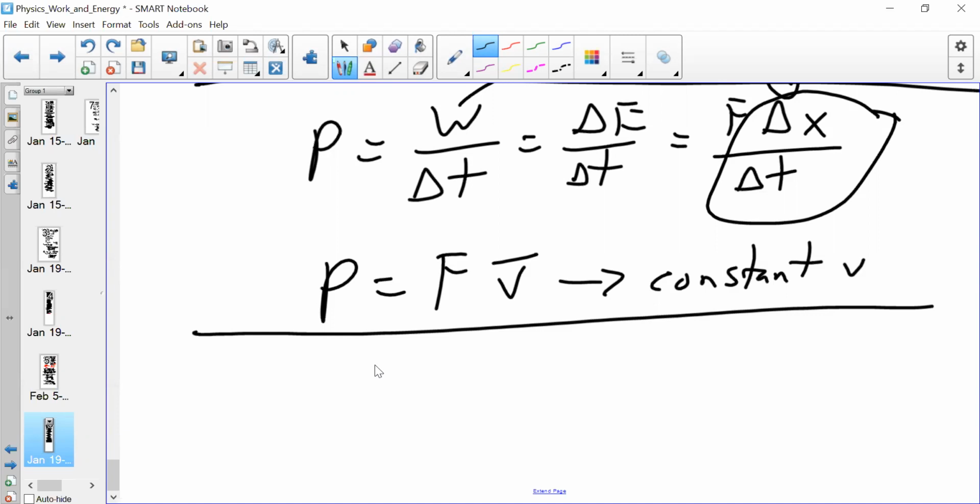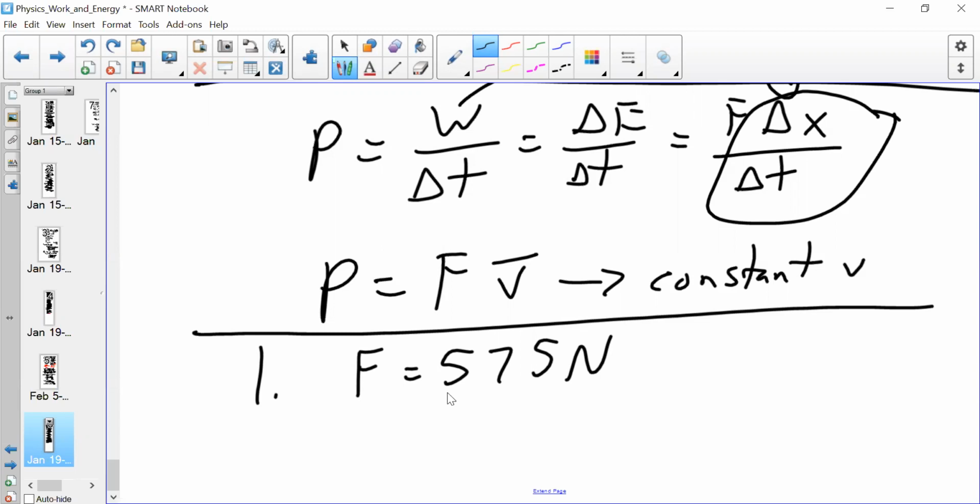And we're looking at the practice problem where we have a cable attached to a motor. It lifts a 575 Newton box up a distance of 20 meters. The box moves with a constant velocity and the job is done in 10 seconds. What power is developed by the motor in watts and kilowatts?